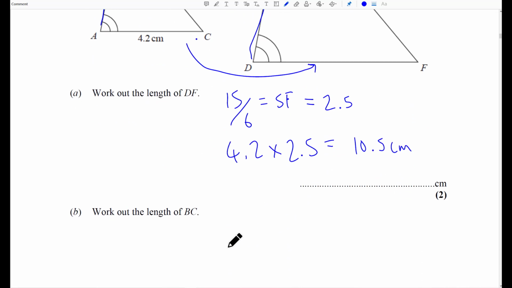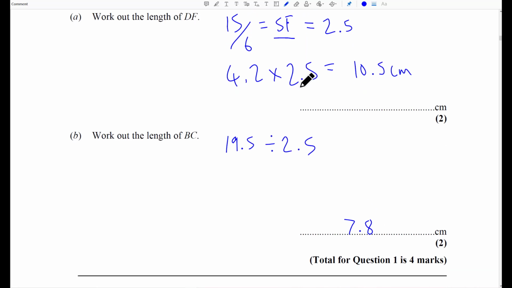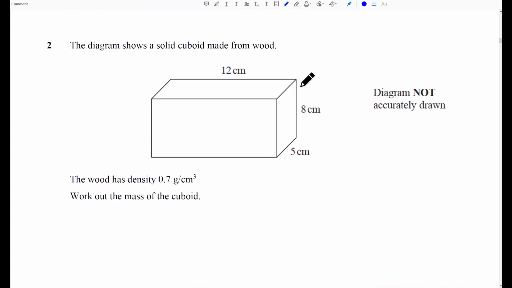So 19.5, do your working out. 19.5 divided by 2.5 equals 7.8. And just a reminder guys, finding a scale factor is worth a method or process mark practically all the time.